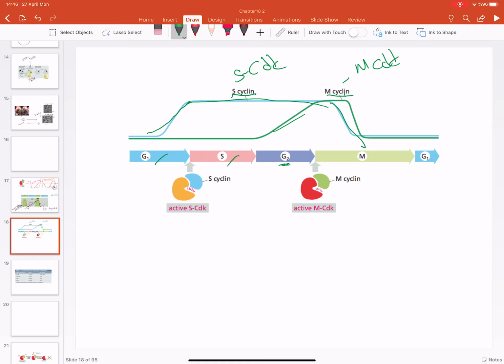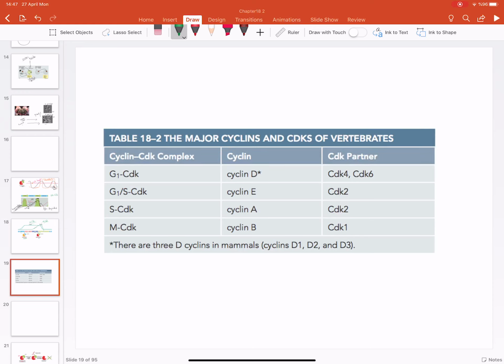Okay. The S CDK is responsible for pushing the cell cycle from G1 to S. The M CDK is responsible for pushing from G2 to M. So they have different localization and different functions. Here we are calling it M CDK, S CDK, etc. This is the lecture, but in real life, when you check the articles about cancer, this is not what you're going to see.